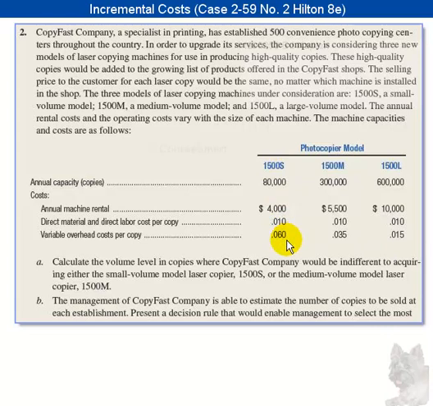So a combination of 70 cents for direct material, labor, and variable overhead. And over on the medium copier, it's 45 cents for the combination of all those variable costs, right? All of these will vary with relationship to the volume, which means the number of copies.